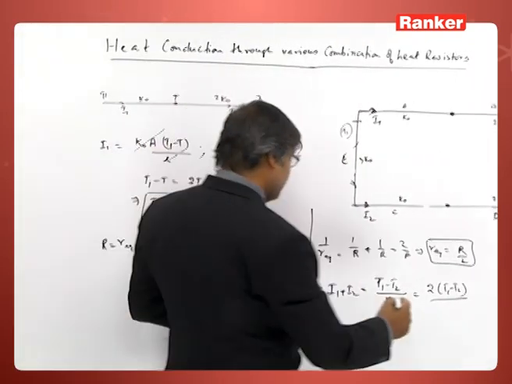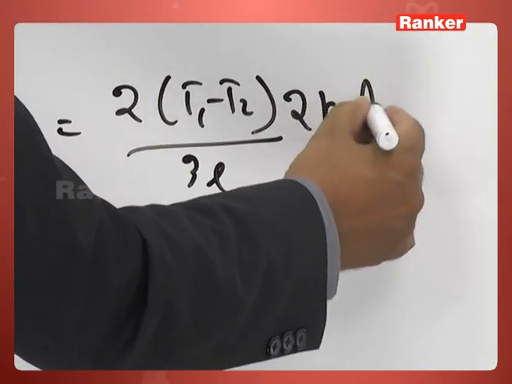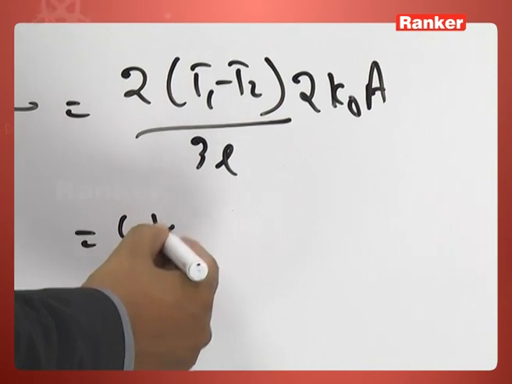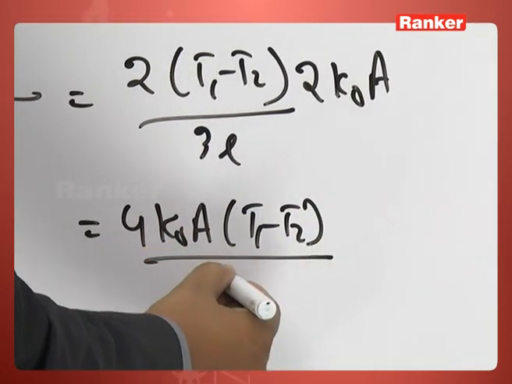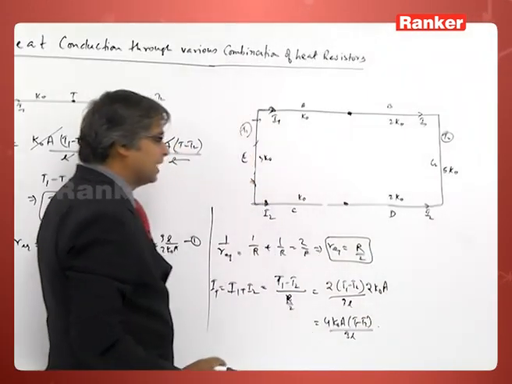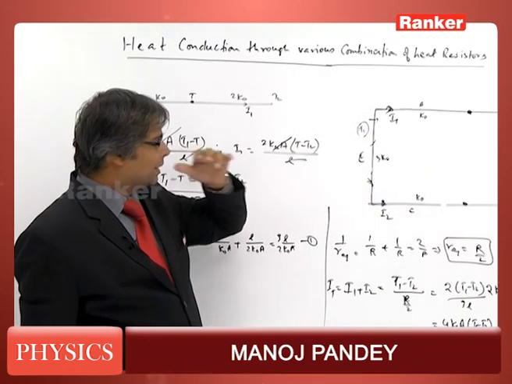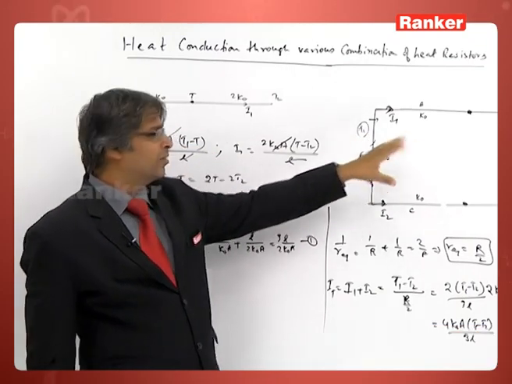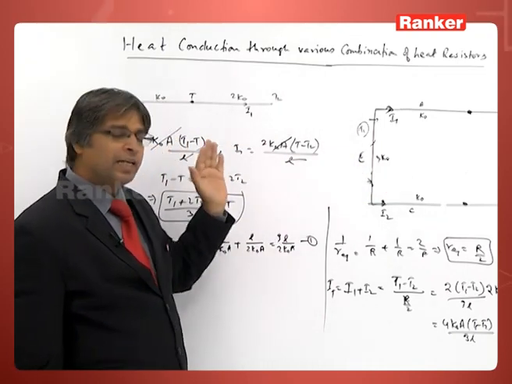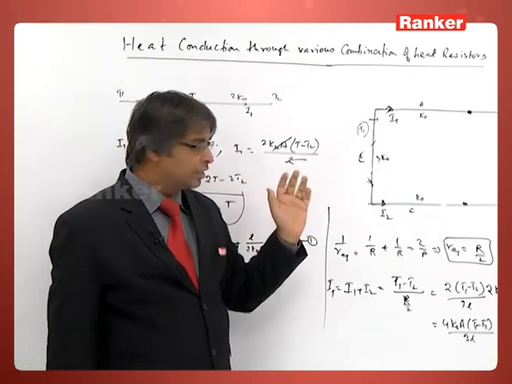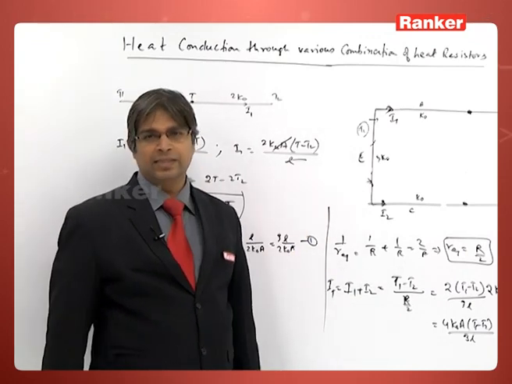R is 3L by 2 K naught A. So, that becomes 4 K naught A (T1 minus T2) by 3L. Thus we see that if we have a network of thermal conductors, then we can use our current electricity concepts to analyze, including the basic formulas of Wheatstone bridge and all such series and parallel combinations, to get the desired result.